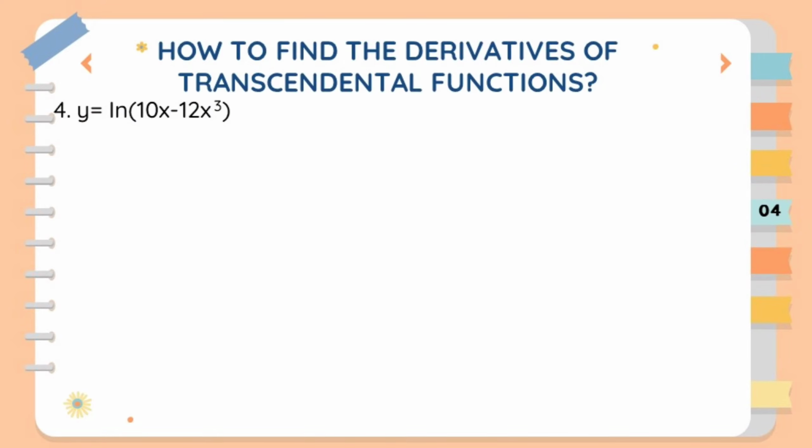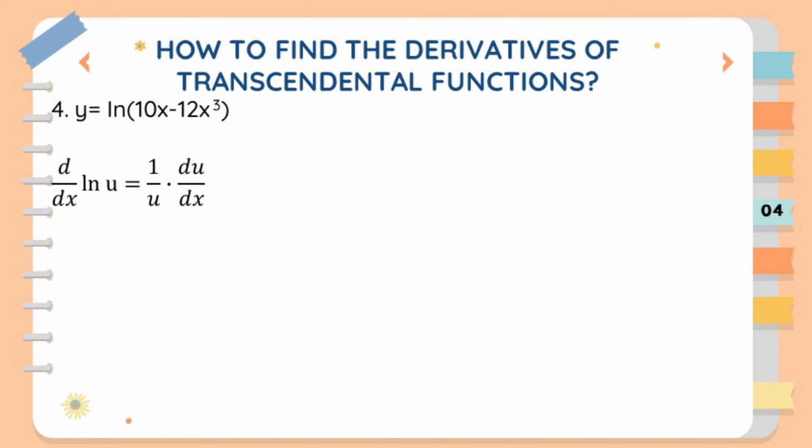Now, for problem number 4, we have the derivative of a function in terms of ln. Number 4 is y is equal to ln, quantity of 10x minus 12x cubed. We know that the derivative of ln u with respect to x would be 1 over u multiplied by du over dx. And this would be the equation that we're going to use in finding the derivative of this transcendental function.